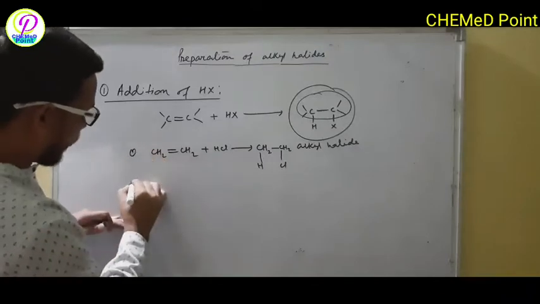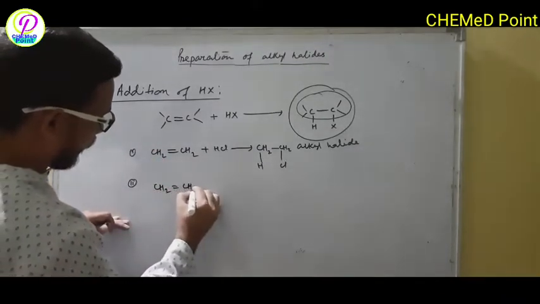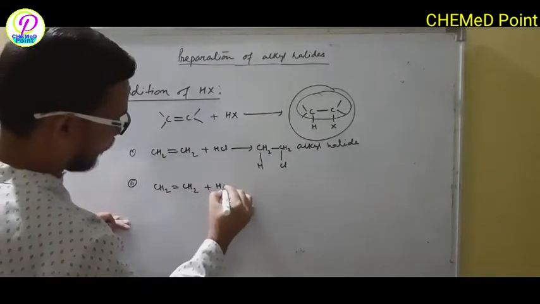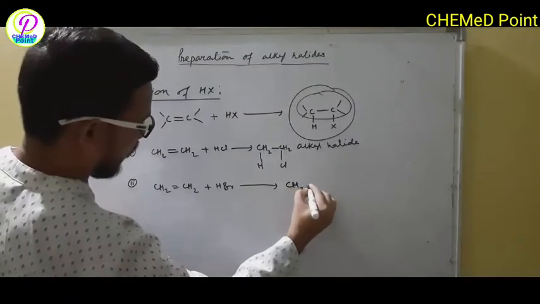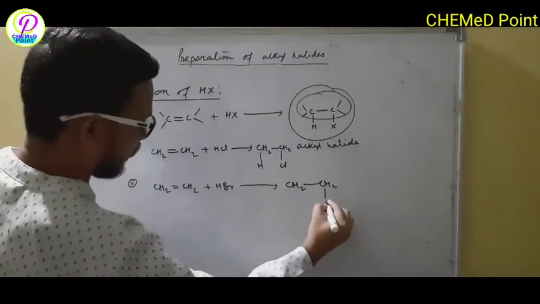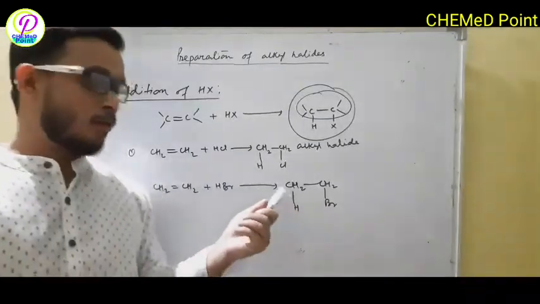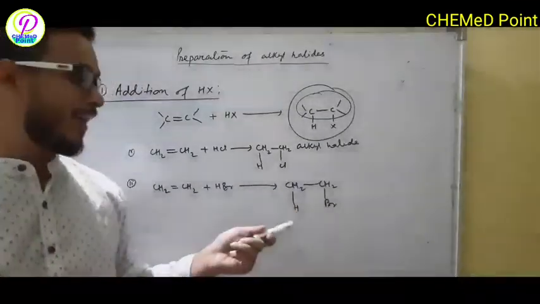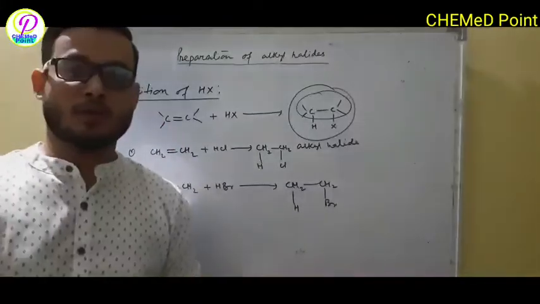And another example, CH2=CH2 plus HBr gives CH3CH2Br. So in this way we can prepare monohaloalkanes by addition of hydrogen halide to the alkene molecule.